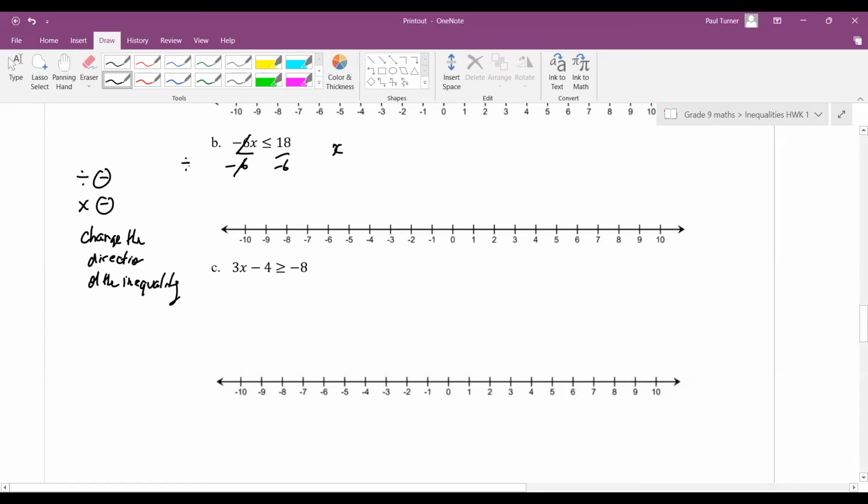So here we're dividing by -6. So we're going to need to change this direction to be greater than or equal to. So if it's got an equals part here, also carry the equals as well.